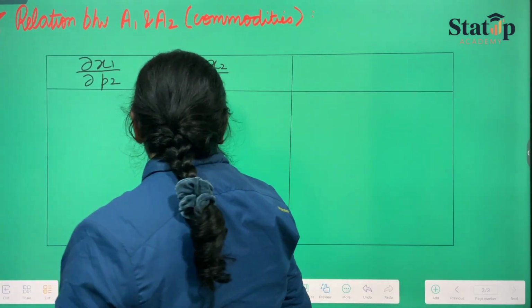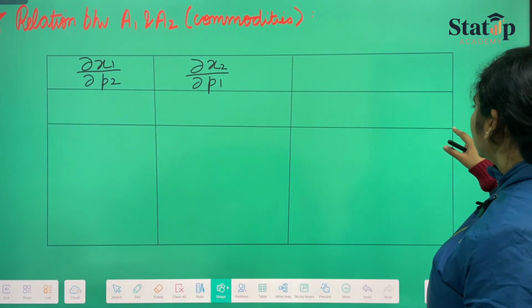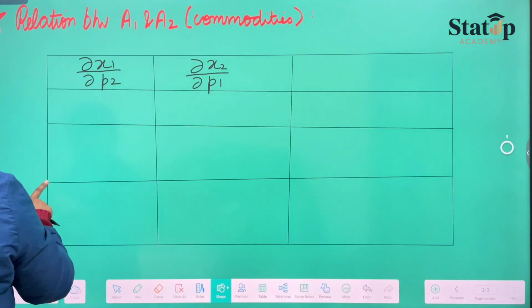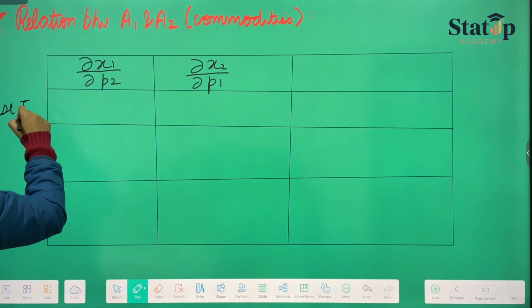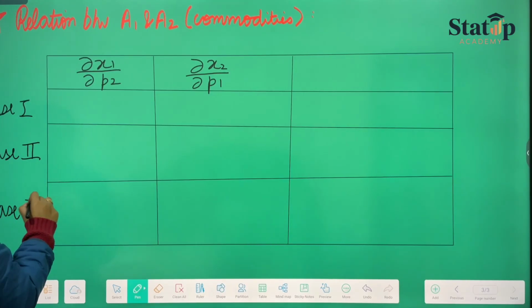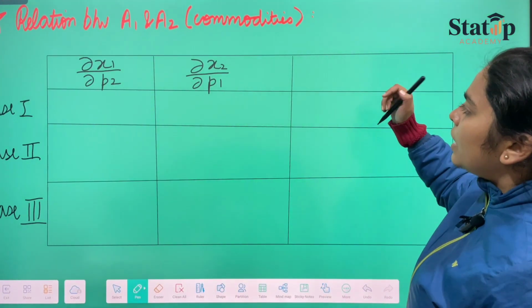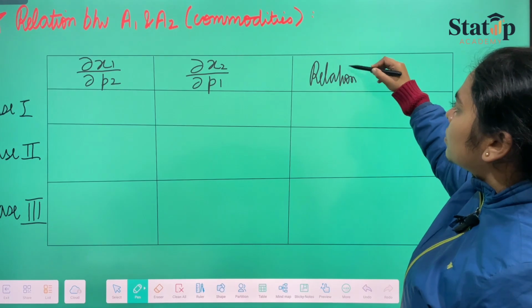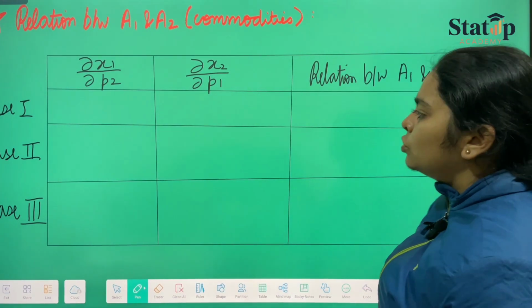We can say that we have three conclusions or three cases: case 1, case 2 and case 3, and here we will be writing the relation between the two commodities A1 and A2.